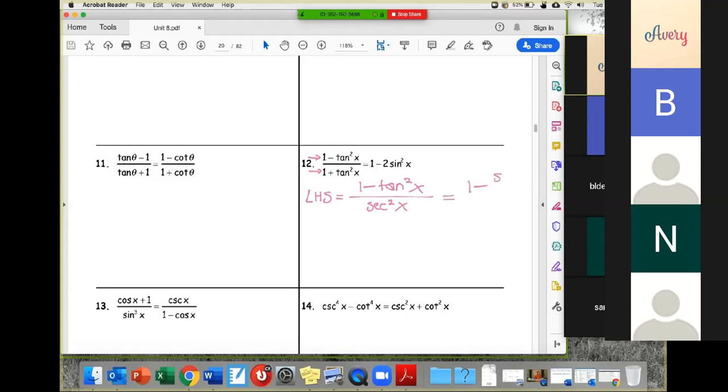So tangent squared is sine squared over cosine squared. The secant squared is 1 over cosine squared. So using the complex fraction thing again, I could have taken everything here and multiplied it by cosine squared, top and bottom. If I do that, that's going to give me cosine squared minus sine squared over 1, which I really don't have to write anymore.